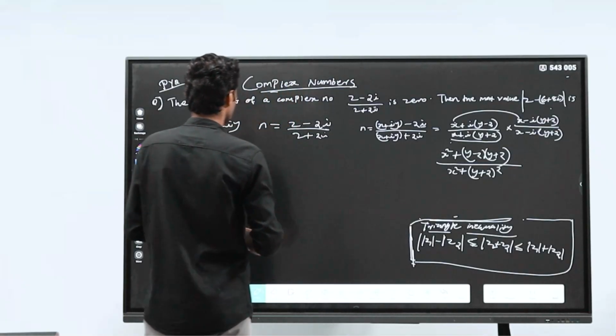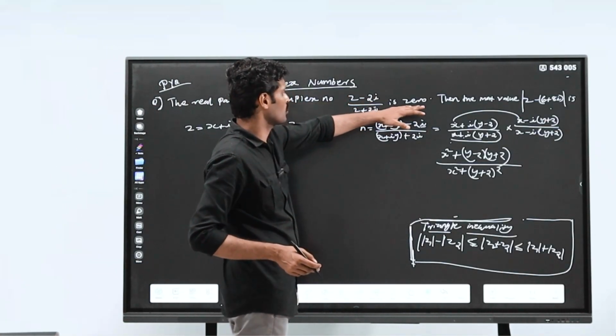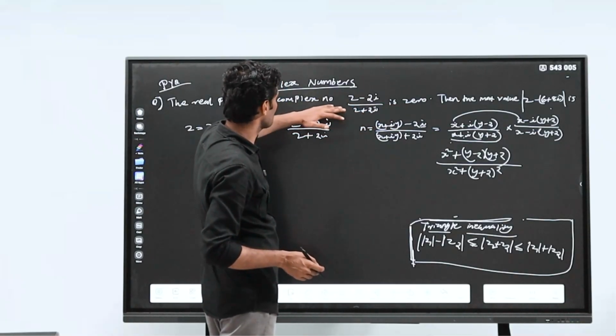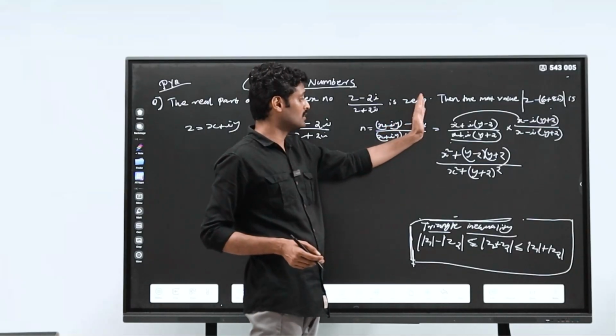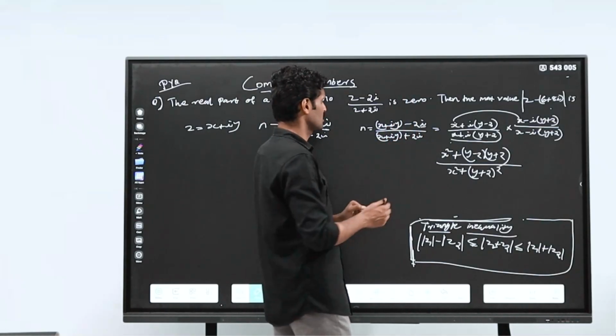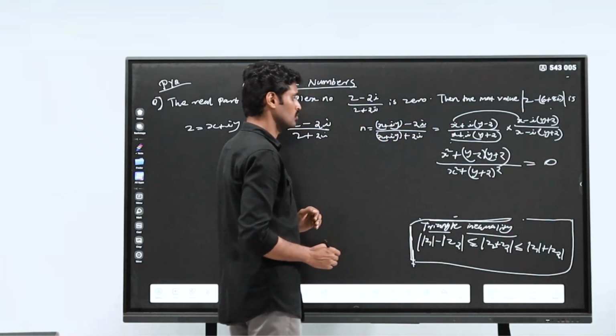In the question we can see that this part is 0, given that the real part of the complex number (z − 2i)/(z + 2i) is 0. That means this part is equal to 0.